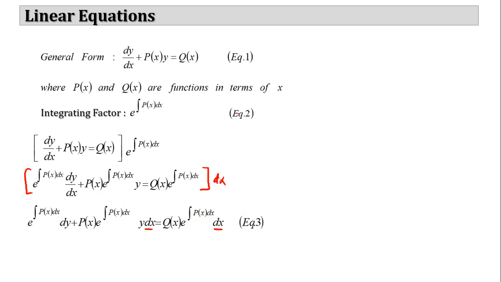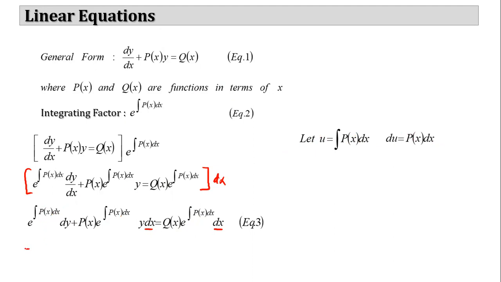And then here, you can now let u be equal to the integral of p of x dx. And you know that the derivative of the integral of p of x dx is simply p of x dx. You know that the derivative of the integral of a function is the function itself. Okay, so you can now replace the integral of p of x dx by u and p of x dx by du.